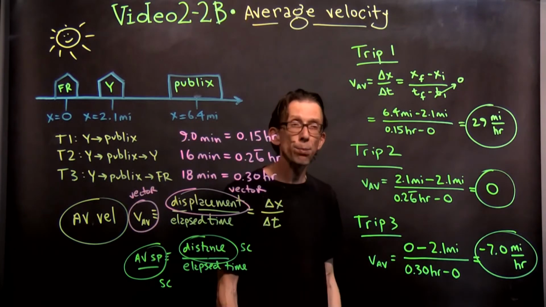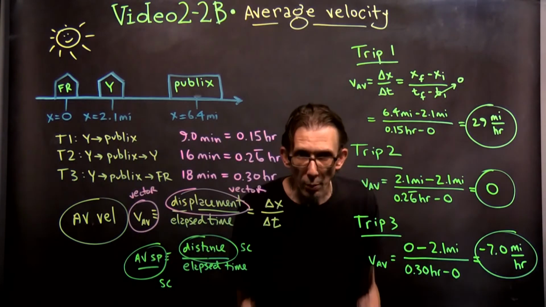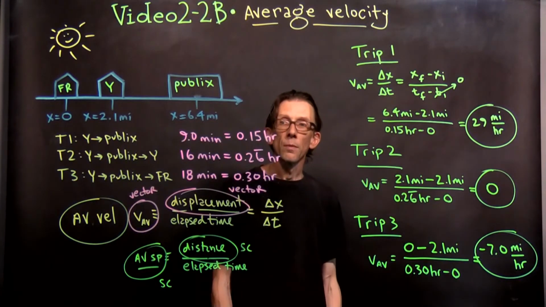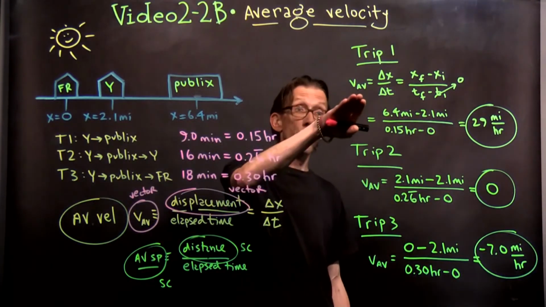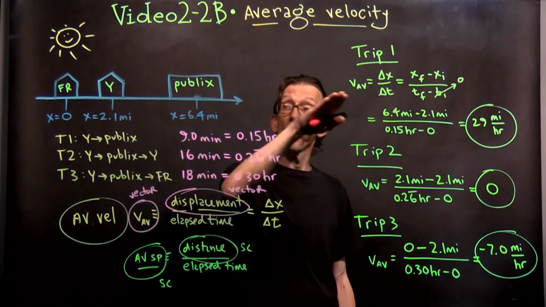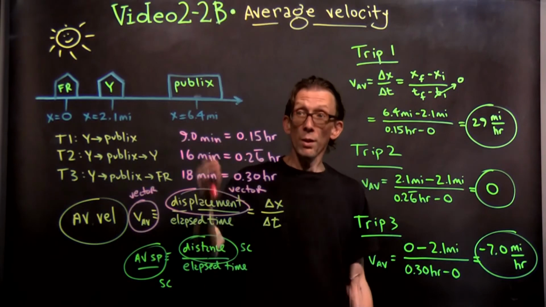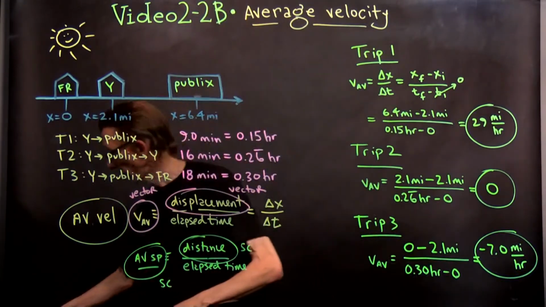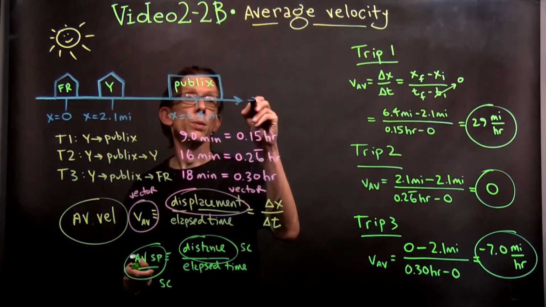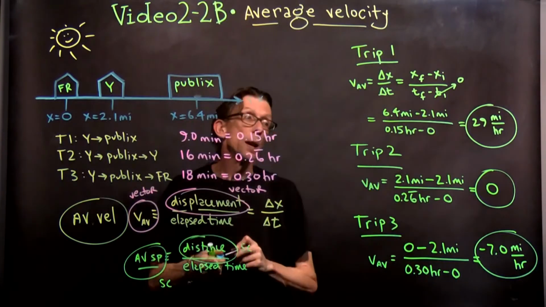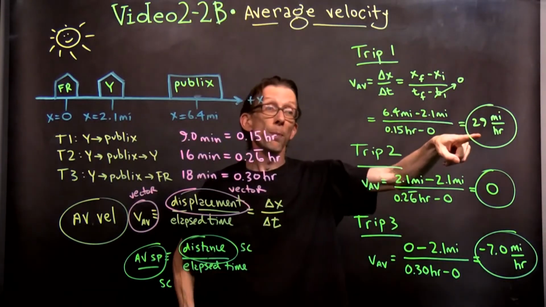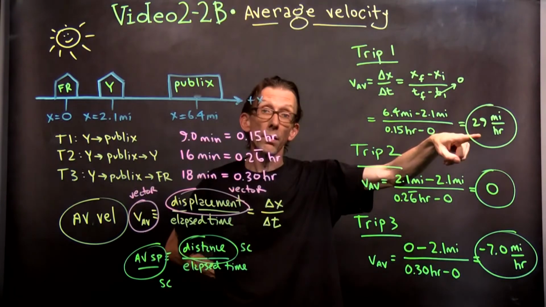That implied plus sign is significant. It tells you that because average velocity is a vector, you ended up to the right of where you started, in the positive direction along the number line, right? I should have put this here, positive x direction. It means that you ended up to the positive side of where you started.